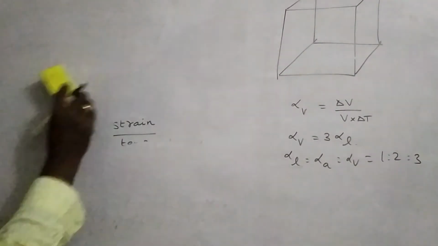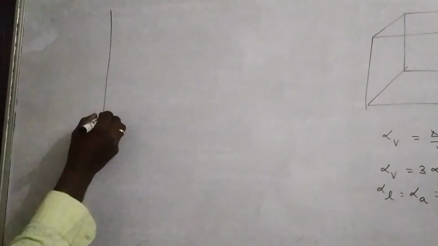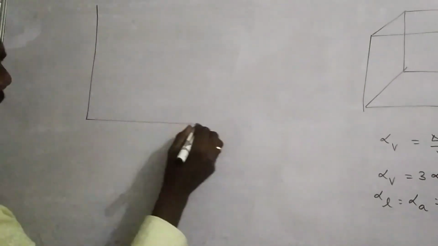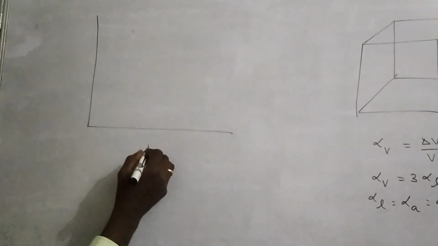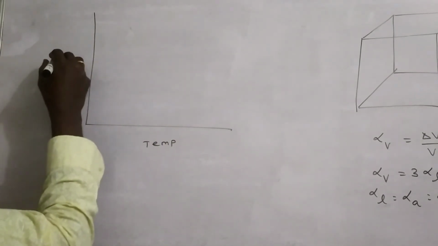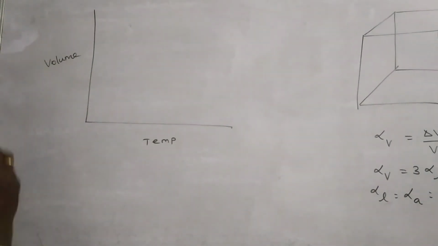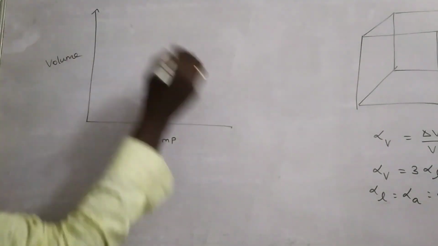So we know that density is equal to mass by volume. Temperature is taken along the x-axis, volume along the y-axis.